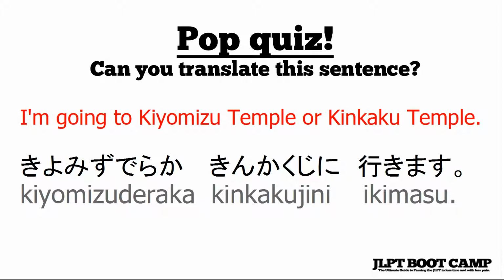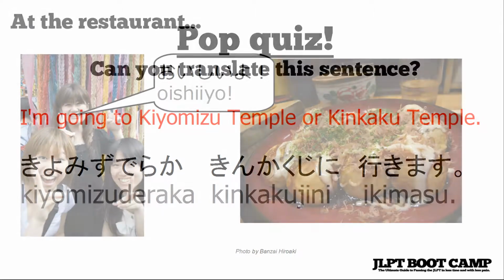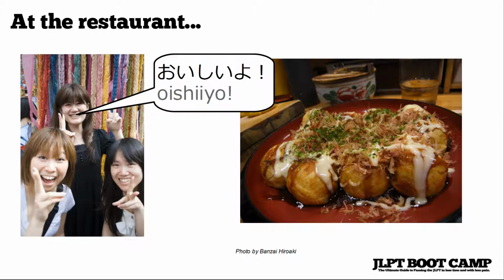Now, let's go back to the restaurant. You're at the restaurant, and the food comes, and it's this food here on the right. This is actually takoyaki, which is a very famous dish in the Kansai area. Basically, a piece of octopus in the middle of a doughy ball, very hot, very unhealthy, but very good.